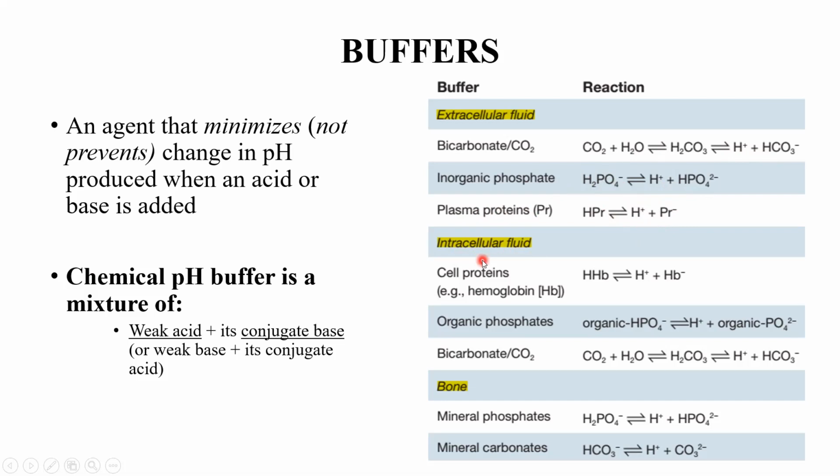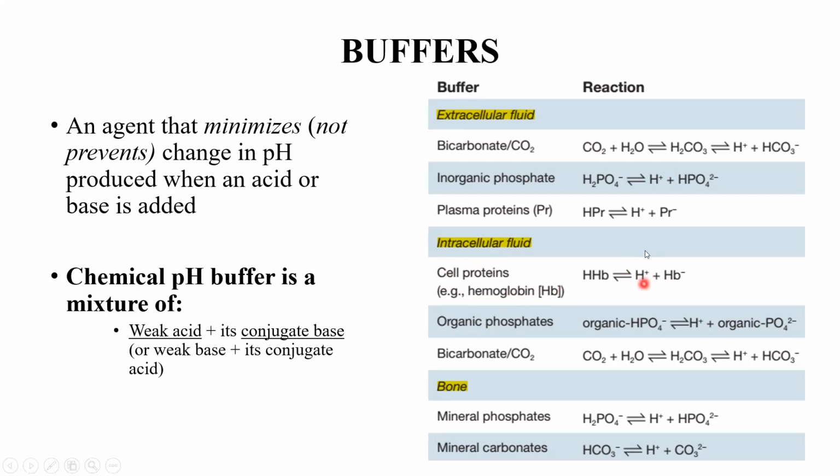Okay. And then intracellular fluid has cell proteins. You have been studying since the start of the MBBS that cells in themselves have lots of protein molecules inside them, and one of their functions is to act as a buffer. RBCs are equipped with hemoglobin, which along with oxygen carriage also has a buffering action.